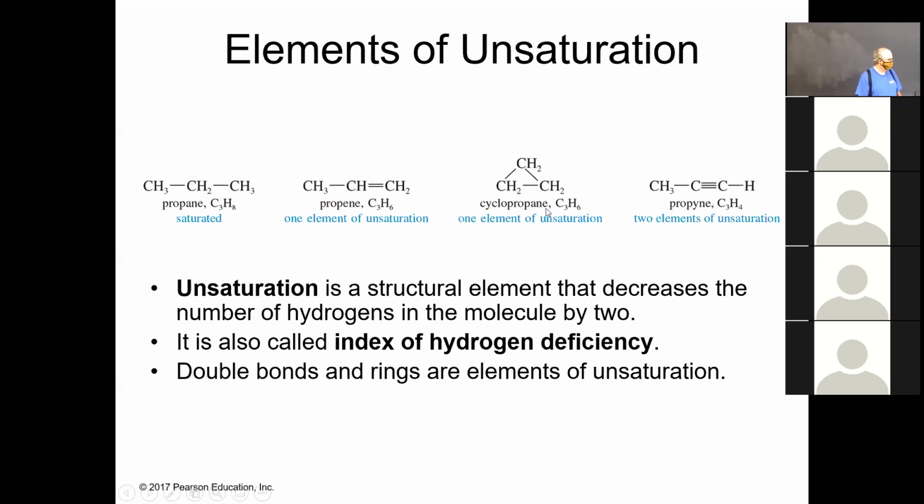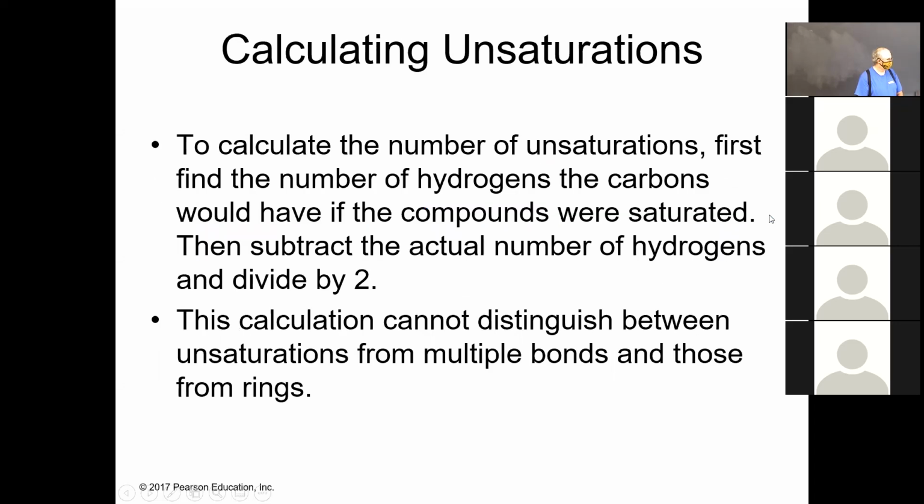To go from an alkene to an alkyne, we lose 2 more hydrogens. So a triple bond has 2 elements of unsaturation. If we have a molecular formula, we can calculate the elements of unsaturation, and that provides us with some important information.